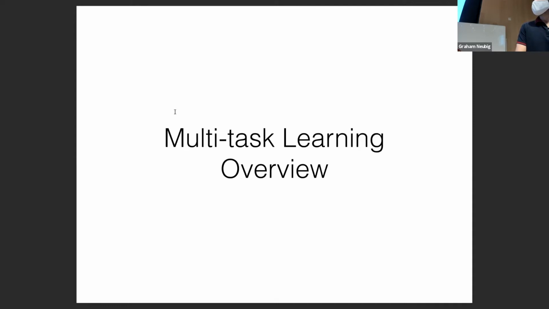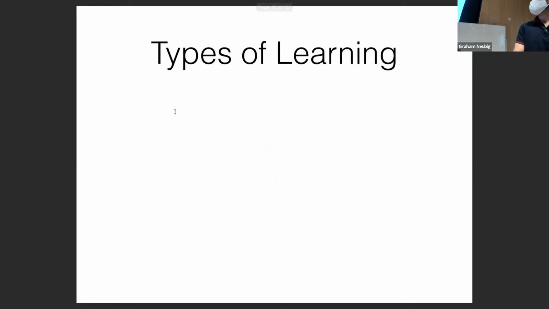So to go into the very basics of what we mean by multitask learning, I'll give the obligatory nod to Bob, which is that multitask learning was proposed in a CMU PhD thesis, what, 25 years ago, by Rich Caruana. But yeah, I have a couple types of learning up here.